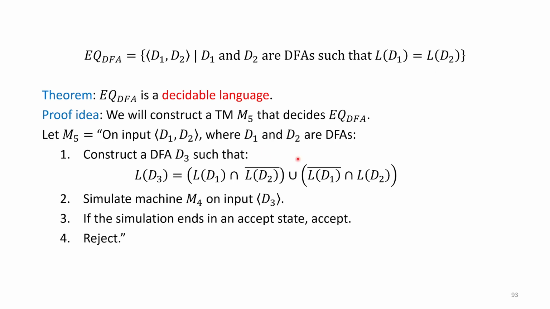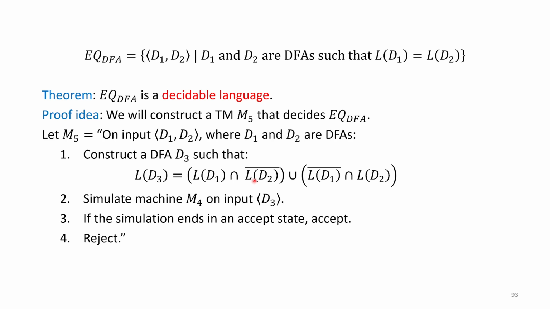Sure enough, we should be able to do that, and we're going to do it by using our previous machine. Now this uses an interesting idea. It's going to use the idea that if you take a machine and you intersect it with the complement of the other machine, then you should get empty.